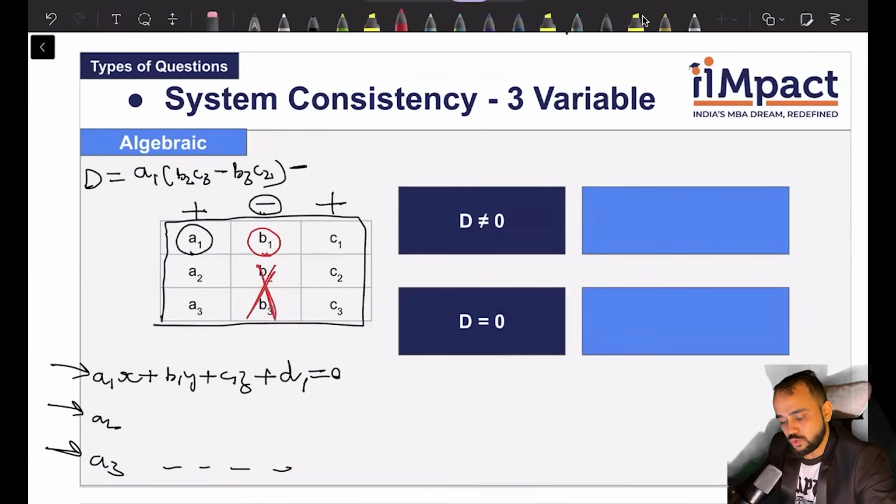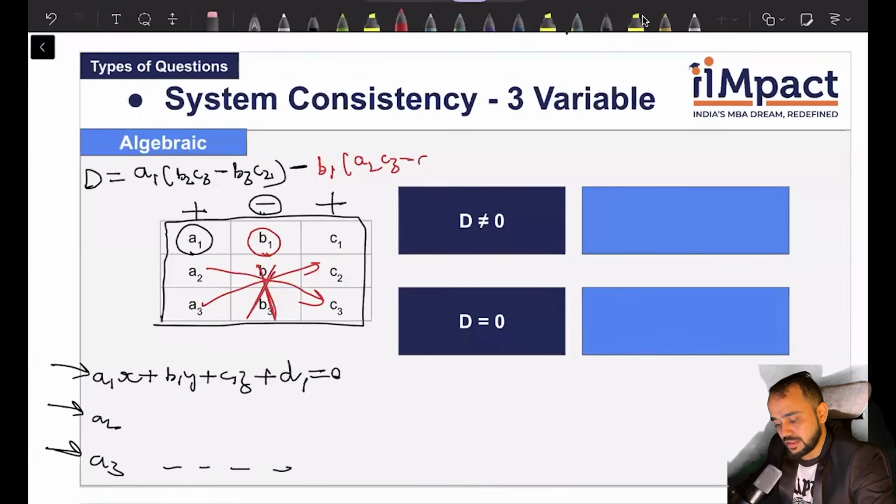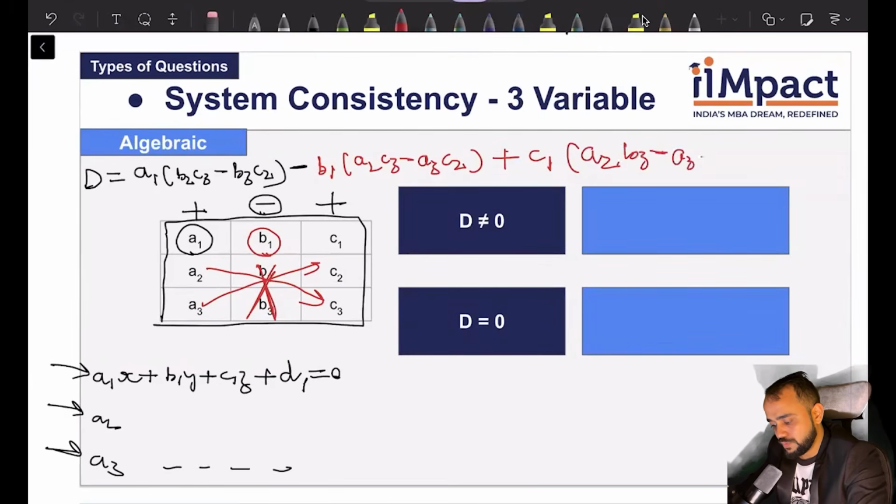You ignore these two and then you do a2 c3 minus a3 c2. So b1 into a2 c3 minus a3 c2. And then finally you will write c1 into a2 b3 minus a3 b2. This is called the determinant of a system of equations. If this value is not equal to 0, you have a unique solution.